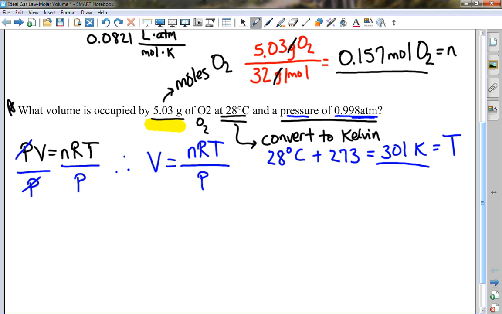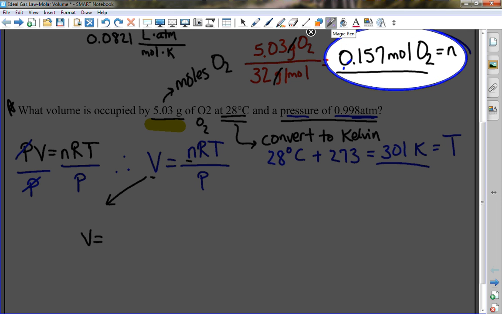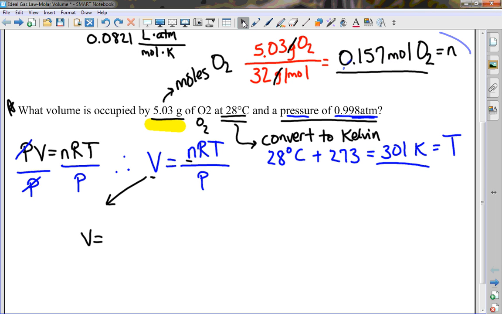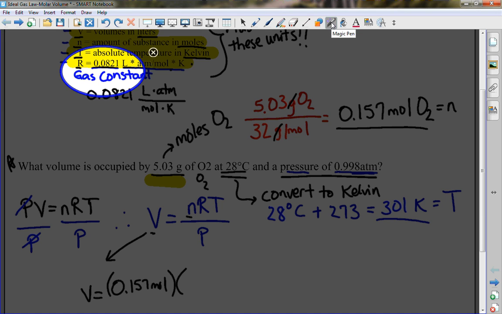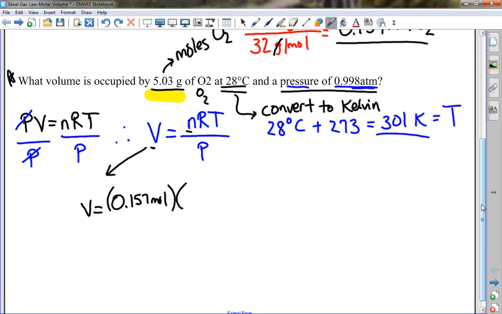So let's go ahead and plug in our values. Using this equation here that we've already simplified to solve for volume, volume is equal to N, which we just determined up here, so N is equal to 0.157 moles, times R, our gas constant, 0.0821 liters atmosphere over moles Kelvin, times your temperature, which is in Kelvin now, 301 Kelvin.